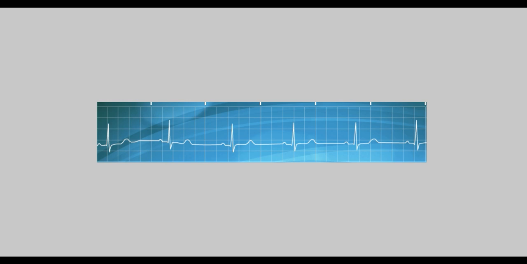On our rhythm strip, we will put SB, Sinus Brady. All the P's, the QRS, the T waves, they're all there. Everything is normal. We have our P's here, we have all our waves.